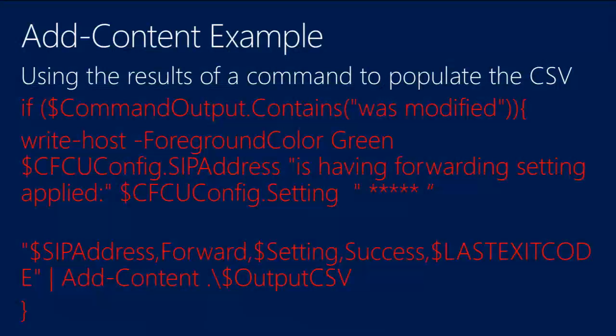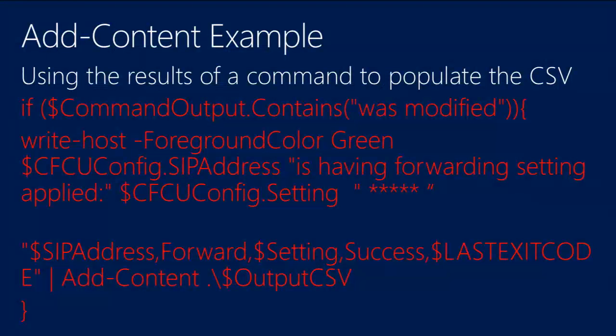Now, when I run the actual command, I say if command output contains was modified, write host, everything's fine, and then take the SIP address that I just used to run this command, along with forward, which is the setting, right? And then a $setting for what we did with the forward, and say success, and put in our last exit code, and add that to an output CSV.